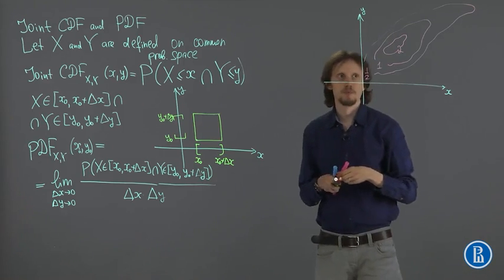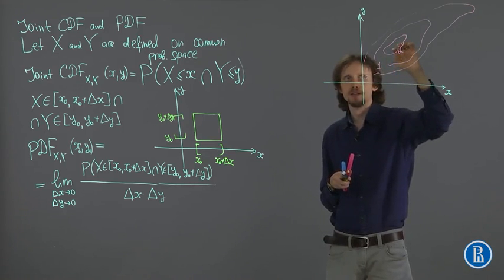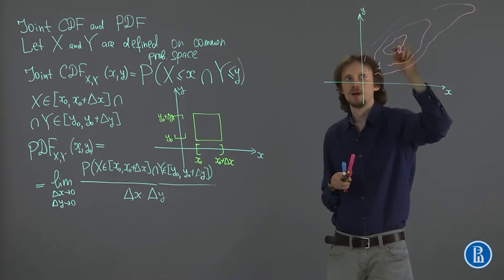It is possible, for example, that in this area values of the probability density function are large, like greater than 2.